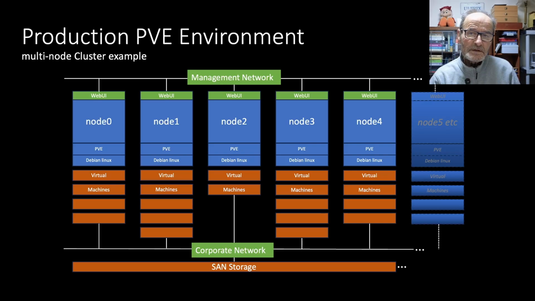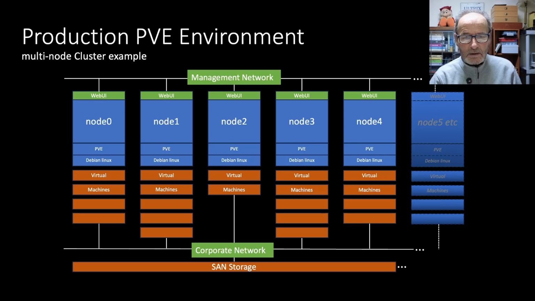But bear in mind the whole idea of this is that if one of these machines fails, then the virtual machines running on that node can be migrated, or, depending on how you configure it, automatically migrated across to other nodes in the cluster. So one normally doesn't create enough virtual machines on each node to fully utilize all of their capacity, because if you did that, there would be no space for migration from a failed node.